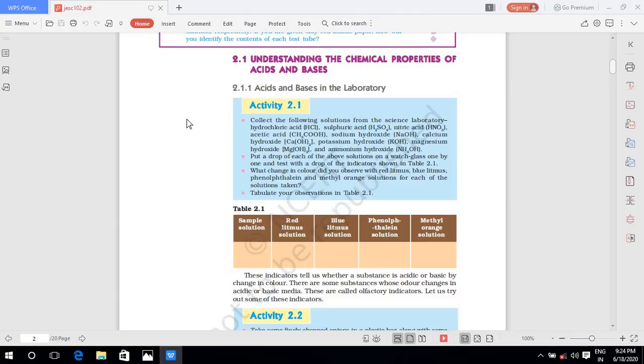When the blue litmus is dipped in the acidic solution, it turns red. The blue litmus turns red in acidic solution, and in basic solution, the red litmus will turn into a blue color. The red litmus turns blue in basic solution.